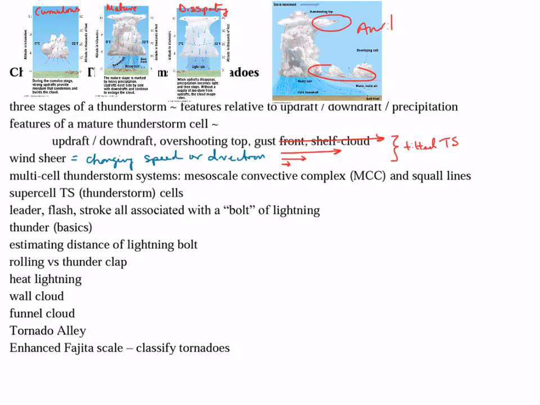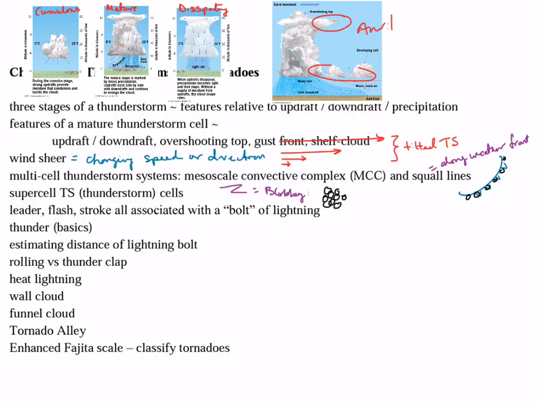And then we talked about two weather systems where you have more than one cell going on. The first one is the mesoscale convective complex, and I have the word blobby. Each one of those little circles is a thunderstorm.